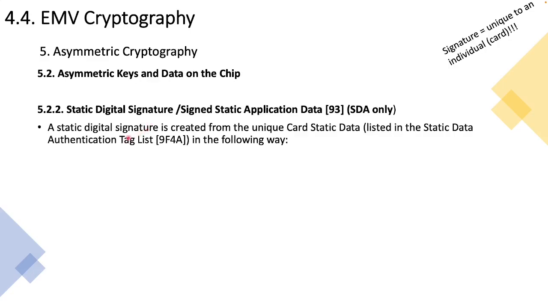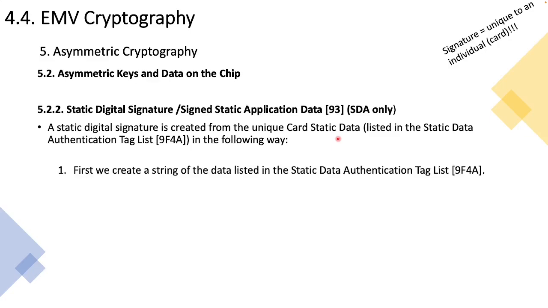The static digital signature is created from the unique card static data, which was in the previous slide, and obviously because the PAN and PAN sequence number were in the tag list, having those in there makes that string of data unique, because every card number is unique.